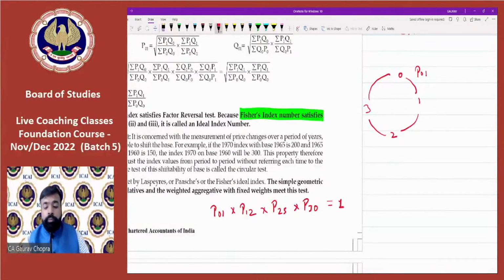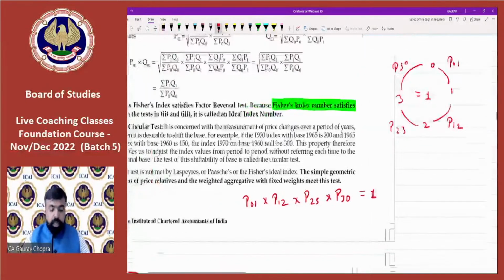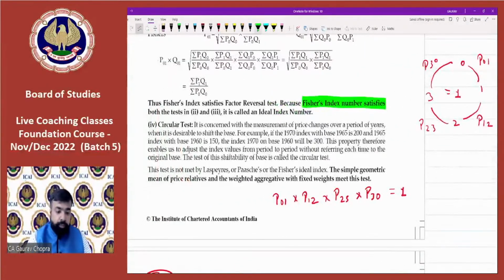First we calculated P01, then P12, P23, and again P30. If the product is equal to 1, that is the condition for the circular test.